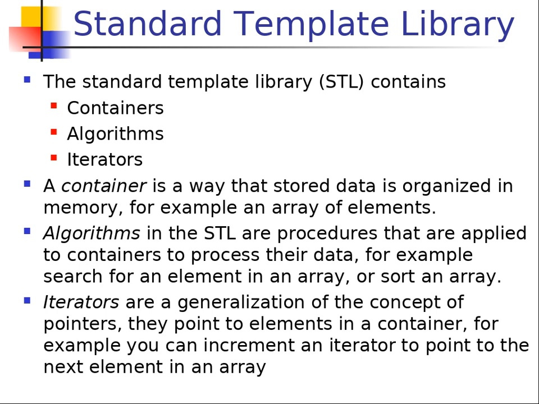Did y'all do iterators in OOP? Where you did like linked list dot iterator, which gets you an iterator pointing to the first one, and then while has next, get the next one, so forth and so on. All right, so there's a collection of iterators as well in order to iterate or go through a data structure.